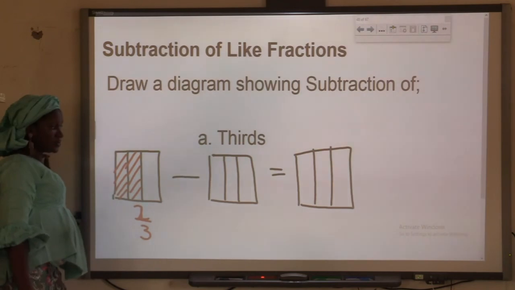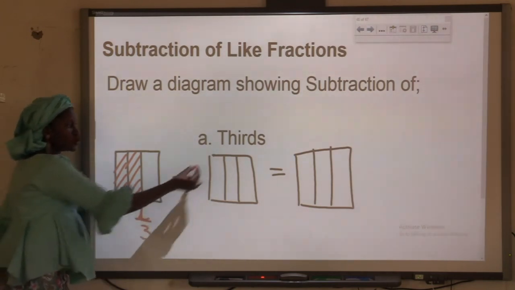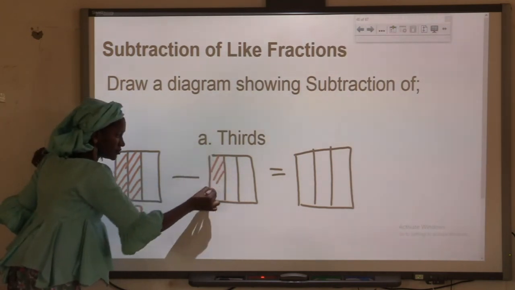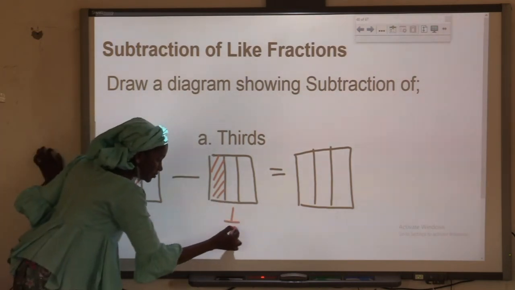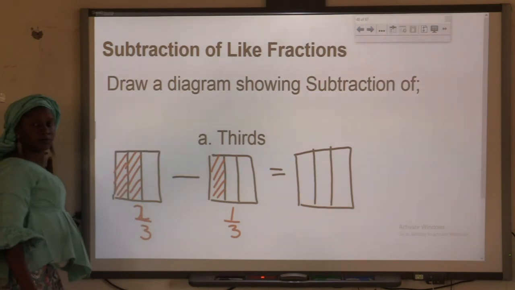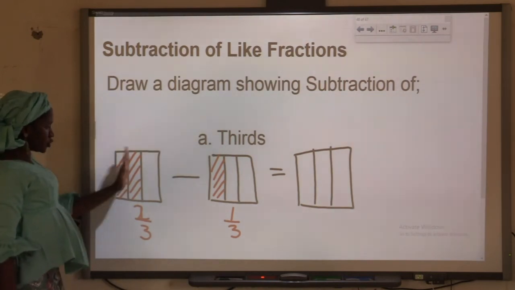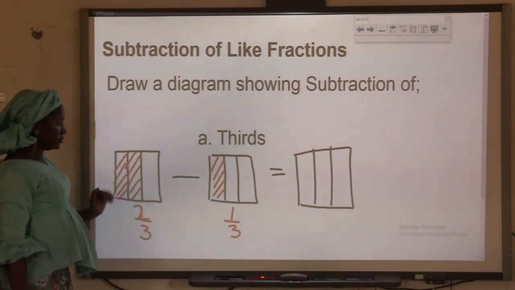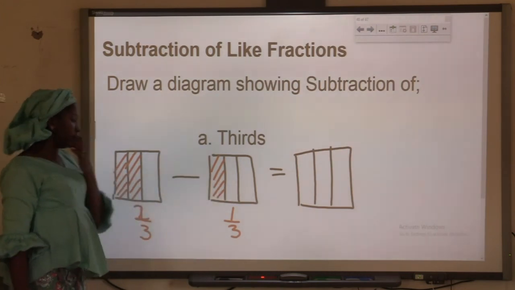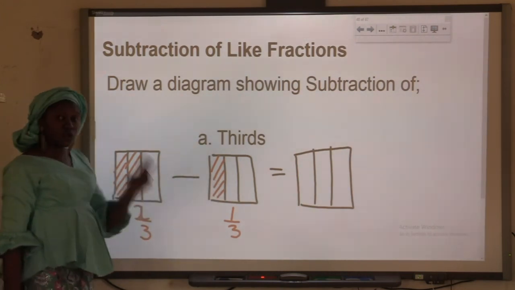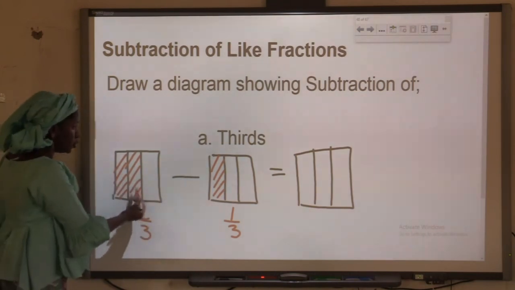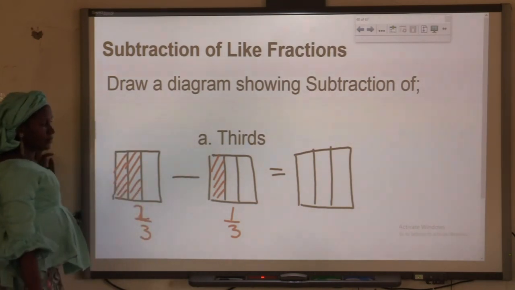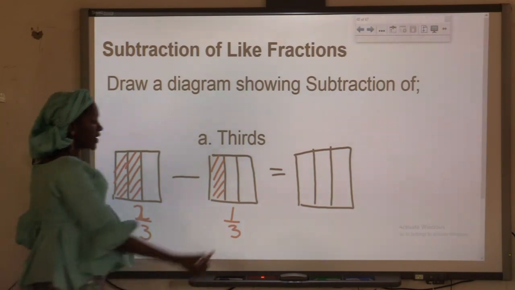This is 2/3 minus 1/3. 2 portions are shaded, and here it is only 1. This simply means 2 minus 1. So our answer will be what?